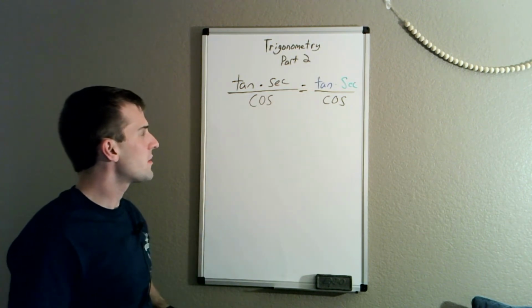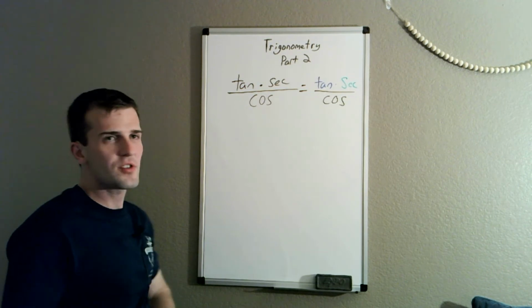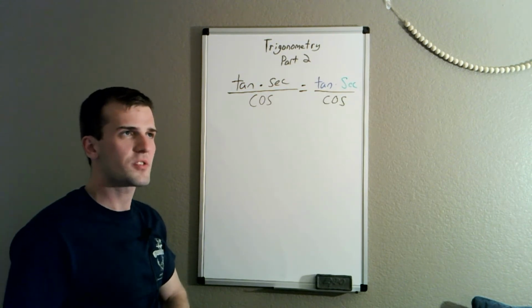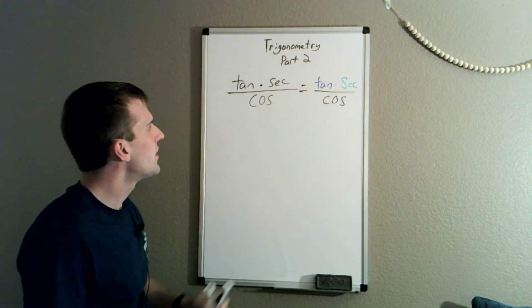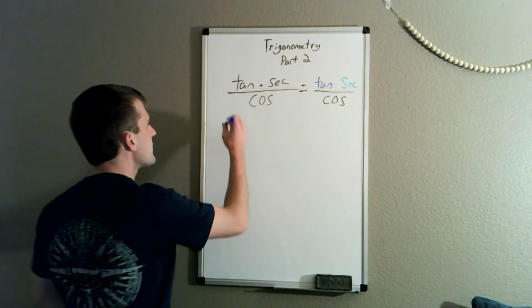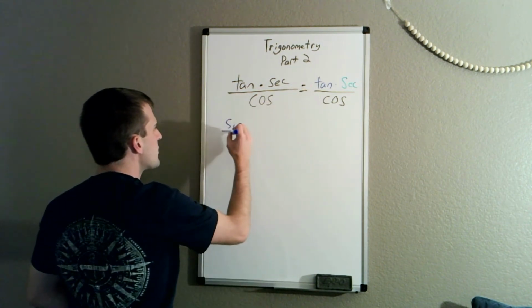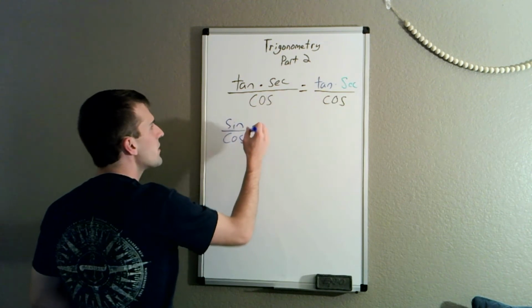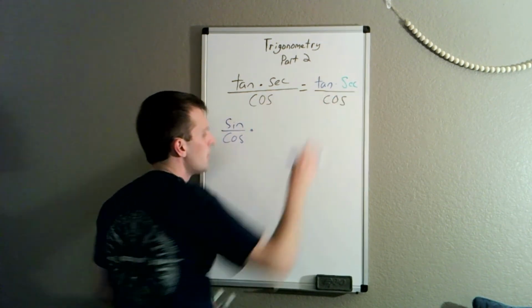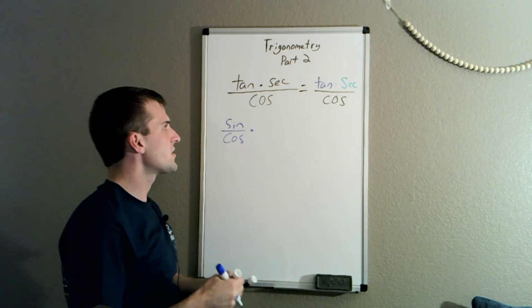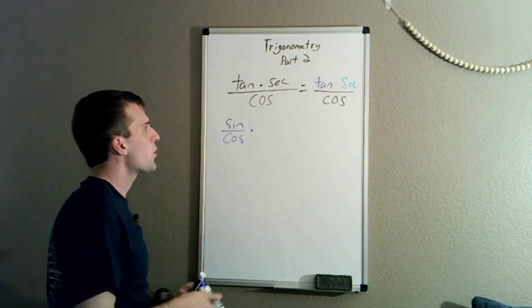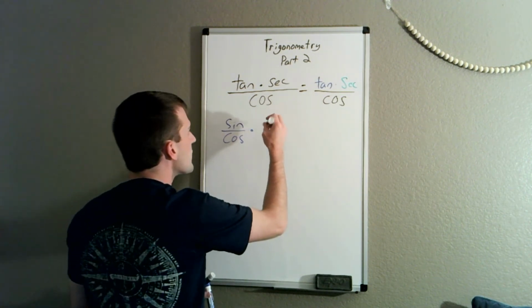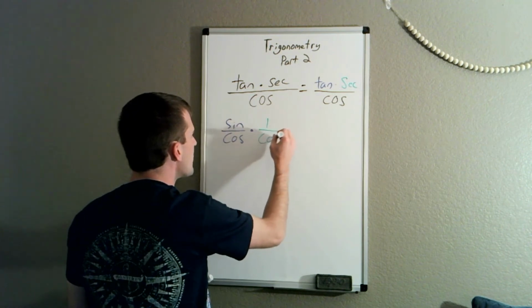In previous lectures, we mentioned that tangent is equivalent to sine divided by cosine. So I'm going to rewrite tangent as sine over cosine multiplied by secant, which previously we said secant is equivalent to 1 over cosine. So times 1 over cosine.